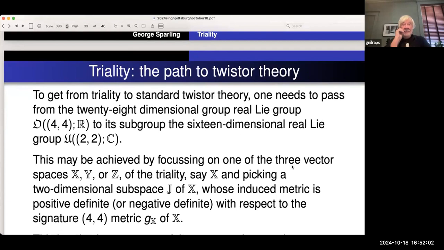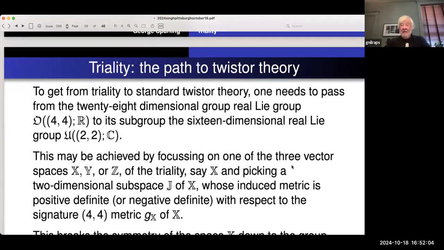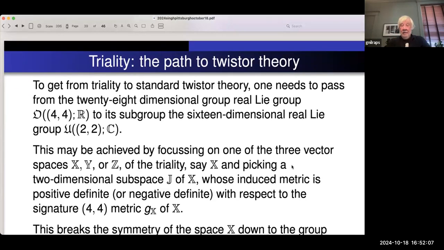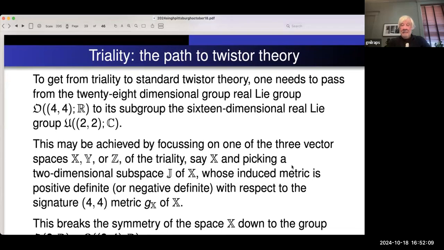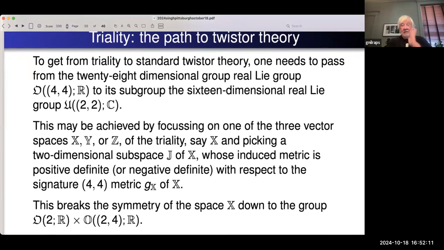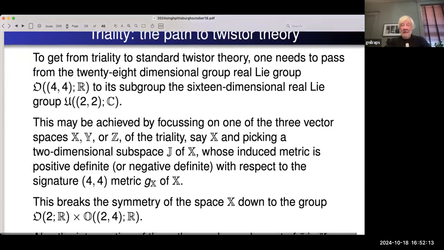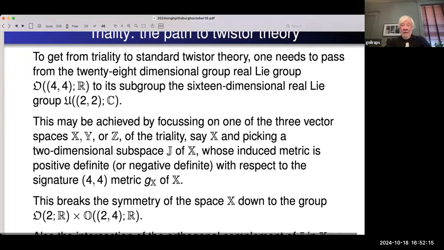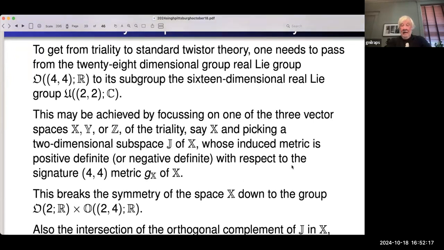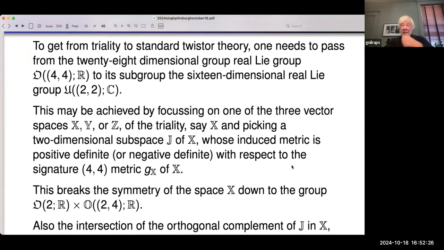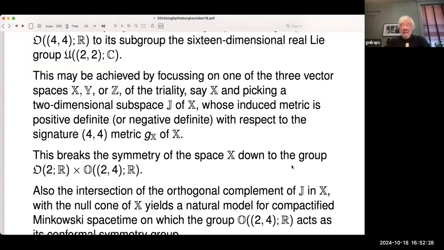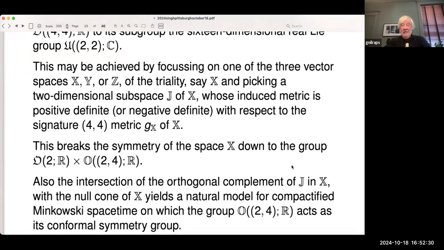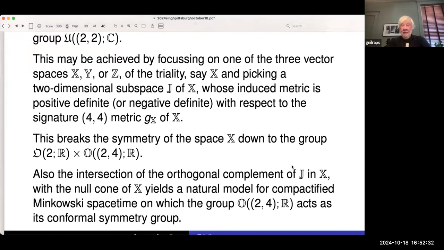Well, you focus actually just on one vector space, and instead of picking a single vector, you pick two. So you pick a two-dimensional subspace of one of the vector spaces. In retrospect, it's kind of obvious that one should do that, such that we're in 4-4 signature, so you just choose that the metric be positive definite, let's say, on that subspace. That breaks the symmetry of that particular space down to O(2) times O(2,4).